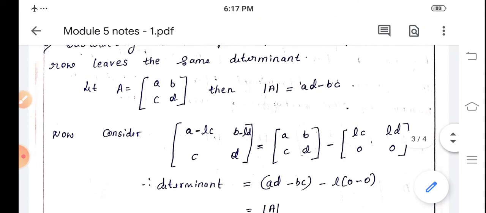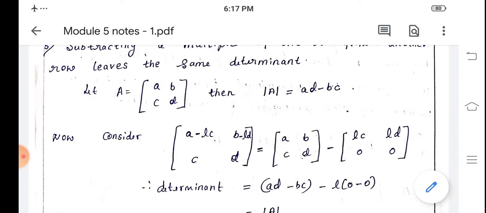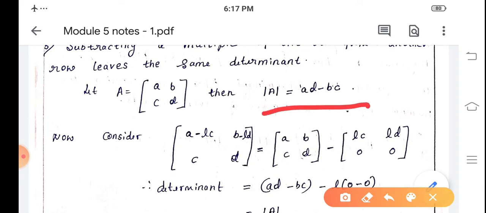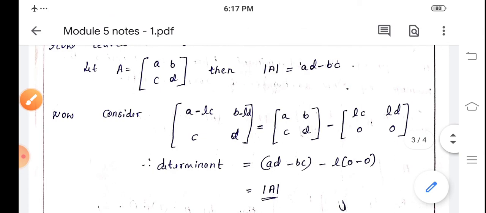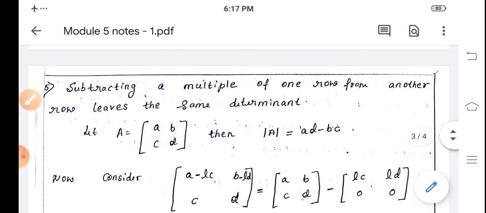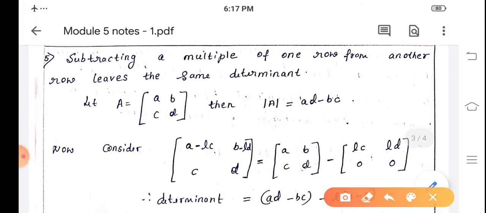For example, take matrix A equal to first row a, b, second row c, d, then we write determinant A as ad minus bc. Now I will subtract a scalar multiple l of the second row from the first row.